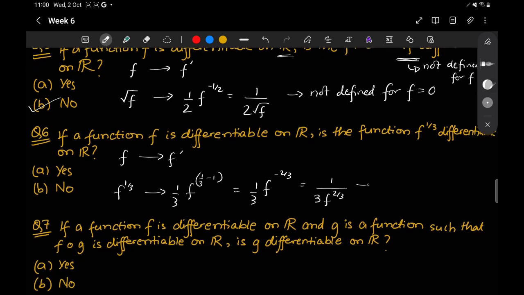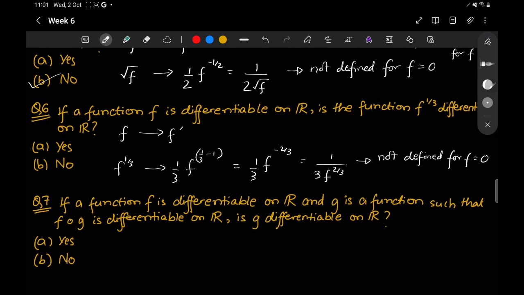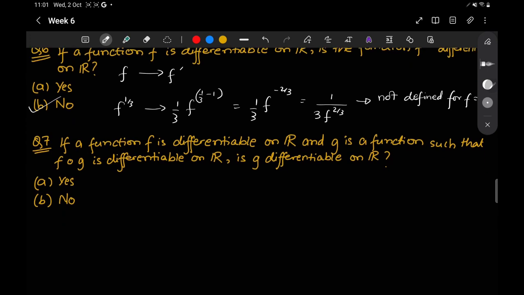Now this also faces a similar problem as above, that this is not defined whenever f takes the value 0. As a result, even this function is not differentiable.